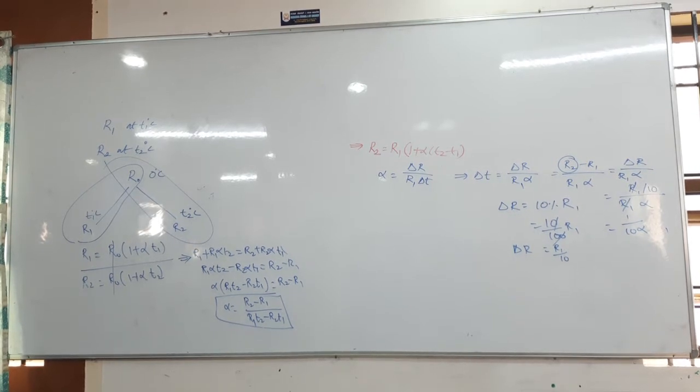Little lengthy, like that. A heating element using nichrome, connected to a 230 volt supply, draws an initial current of 3.2 amperes, which settles after a few seconds to a steady state value of 2.8 amperes.